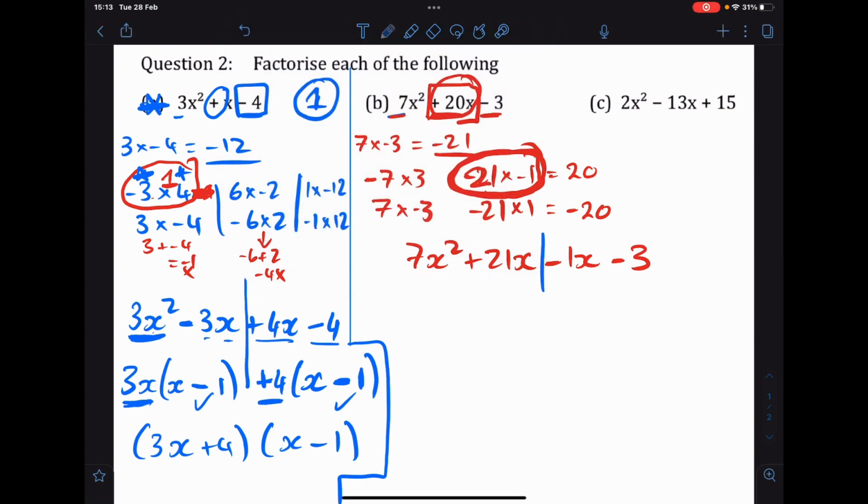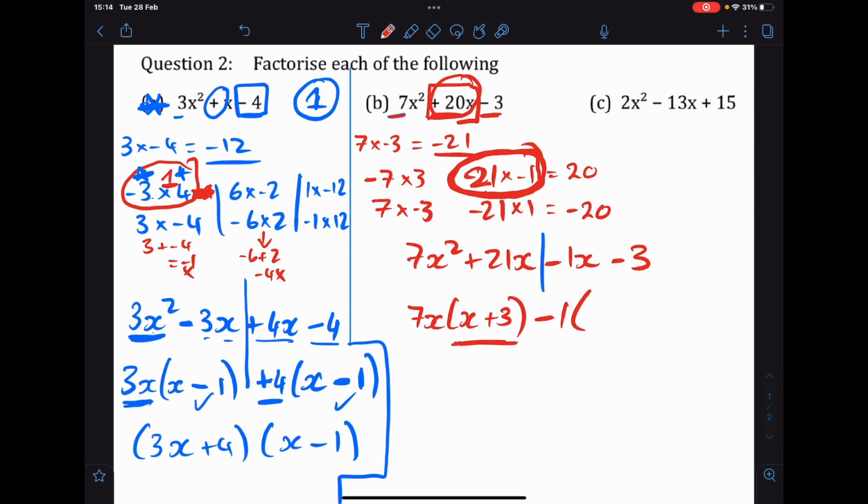I factorize each side. So here I can take out 7x. What do I multiply 7x by to get 7x squared? That's x. What do I multiply 7x by to get 21x? That's positive 3. Here, as you can see, there's nothing common, but I can take out minus 1. And remember, I'm trying to get the bracket to look the same as this one, x plus 3.